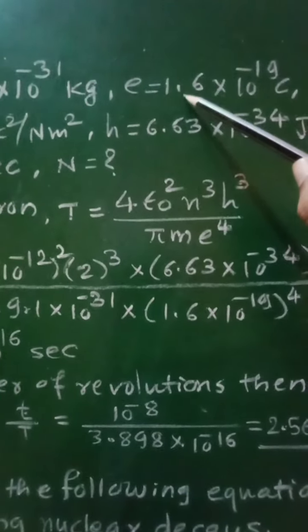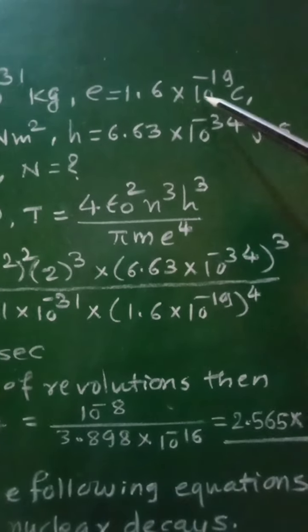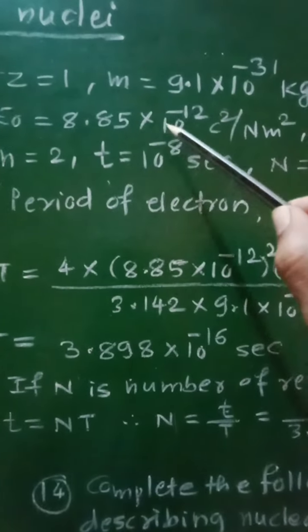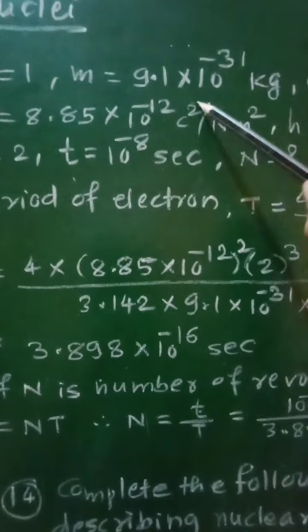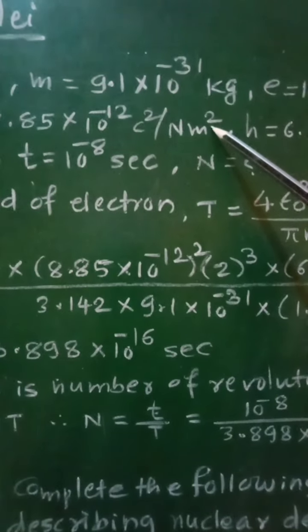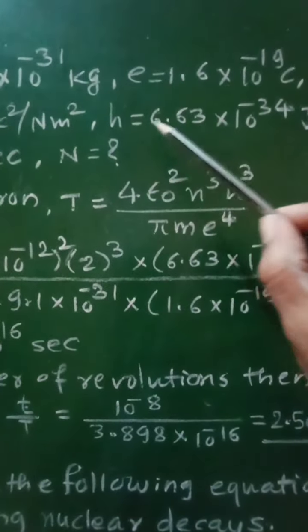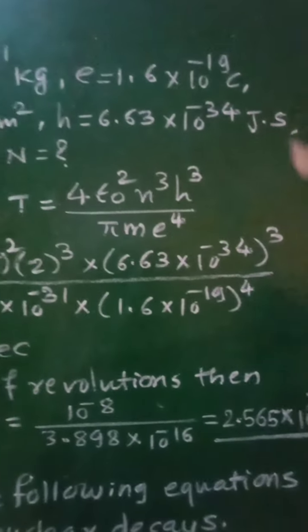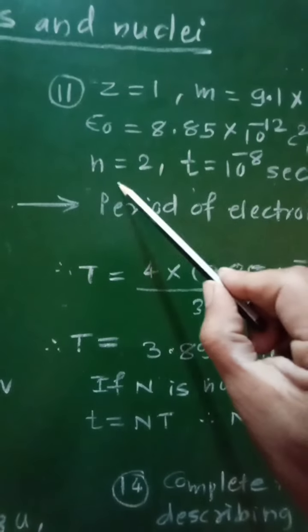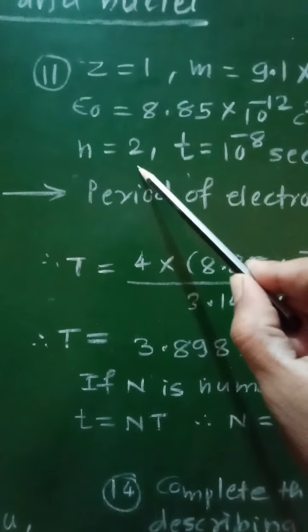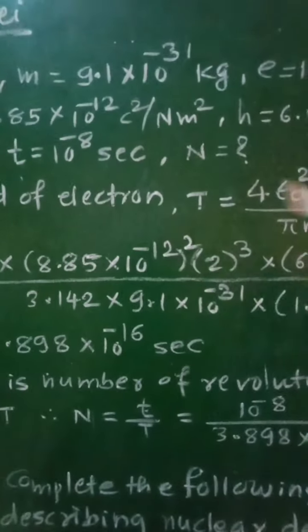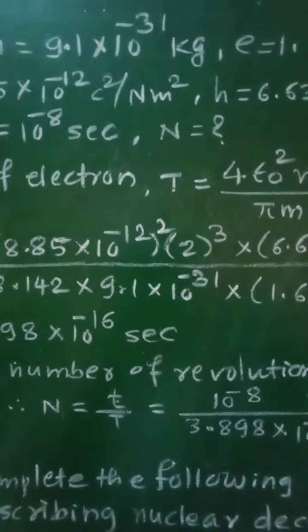Then e will be equal to charge on electron, 1.6 into 10⁻¹⁹ coulomb. Then value of epsilon 0 is equal to 8.85 into 10⁻¹² coulomb square per Newton meter square. Value of Planck's constant h is equal to 6.63 into 10⁻³⁴ joule second. Then n is equal to 2 and t is equal to 10⁻⁸ second.